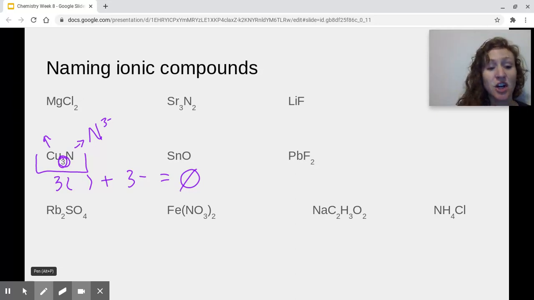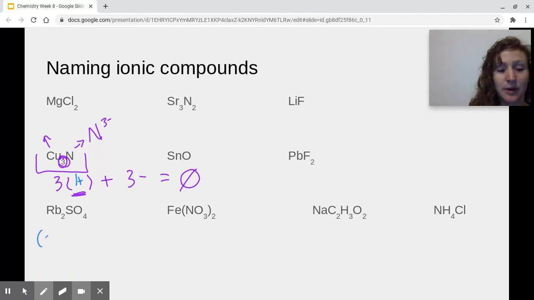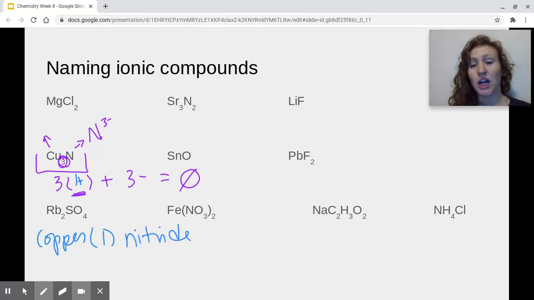What must the charge be? It must be a 1 plus. And so now we know that's the copper 1 ion along with the nitride ion.